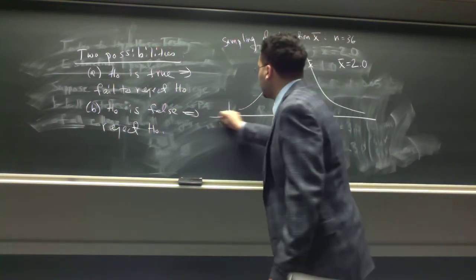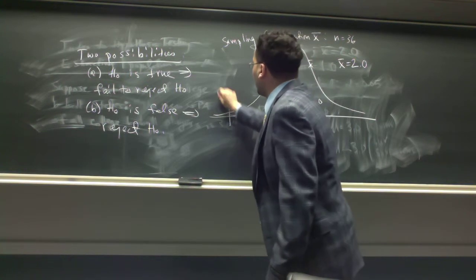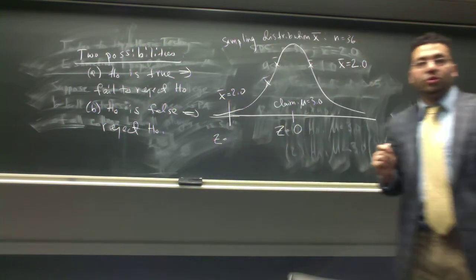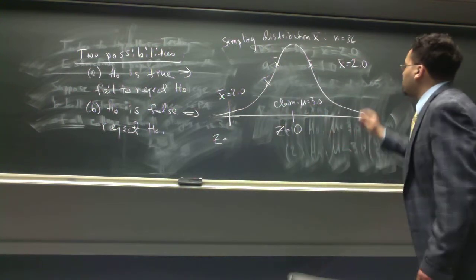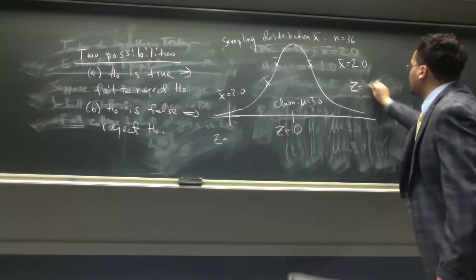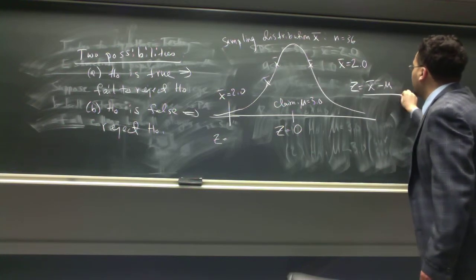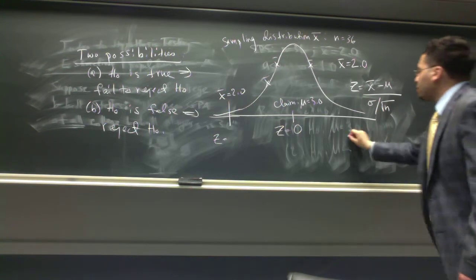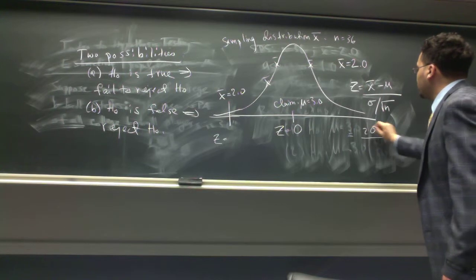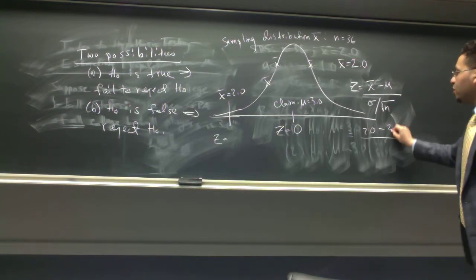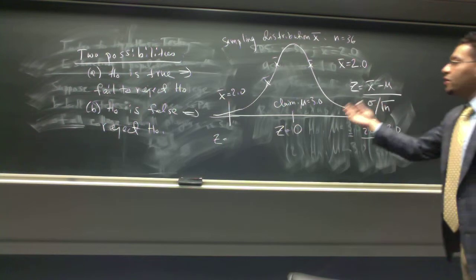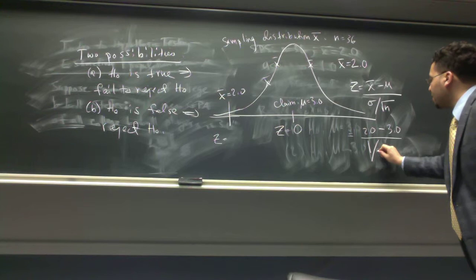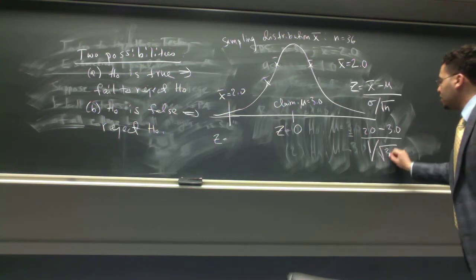So we can put x bar 2.0, but we'd like to be able to standardize 2.0. In order to do that, we need to use what's called a z-score. We have x bar minus mu divided by sigma over root n. Okay. Now, x bar is 2.0, the mean is 3.0, the standard deviation is given to be 1 in the problem, divided by root 36.